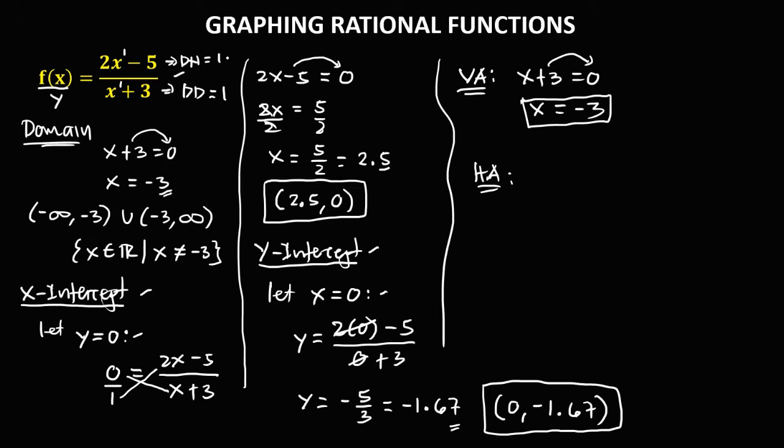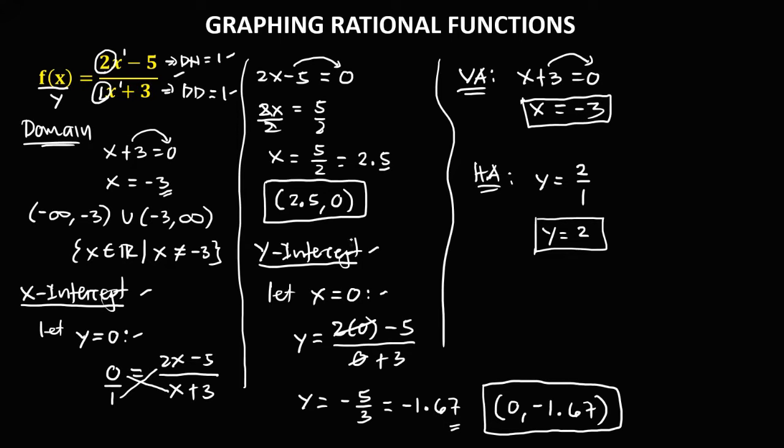Since the degree of the numerator is equal to the degree of the denominator, the horizontal asymptote is the ratio of the numerical coefficients. Therefore, y is equal to 2 over 1. Then reduce, so y is equal to positive 2. So this one is the horizontal asymptote.